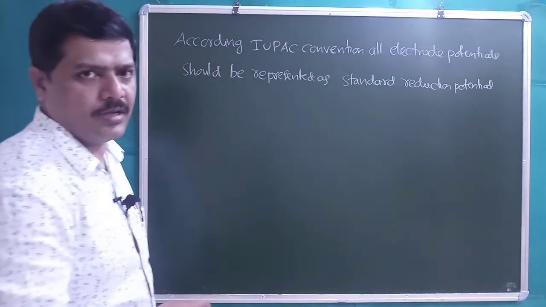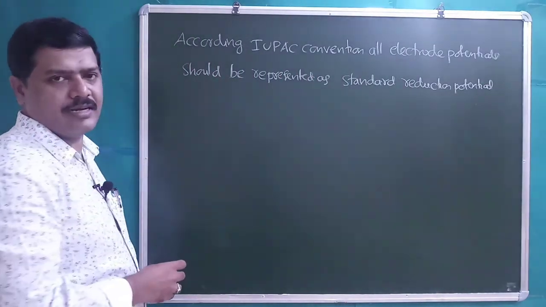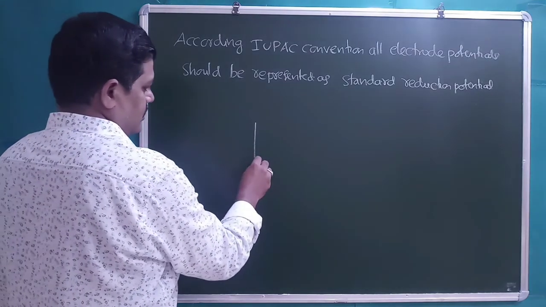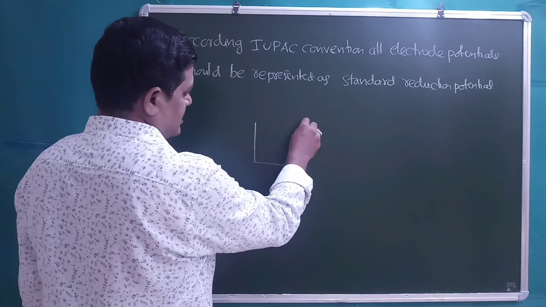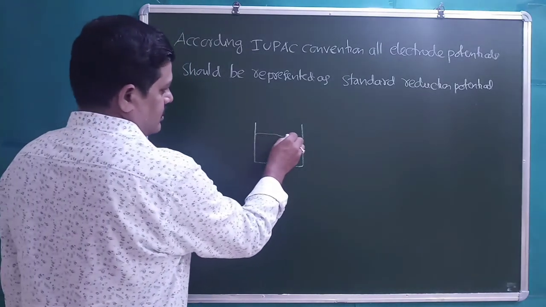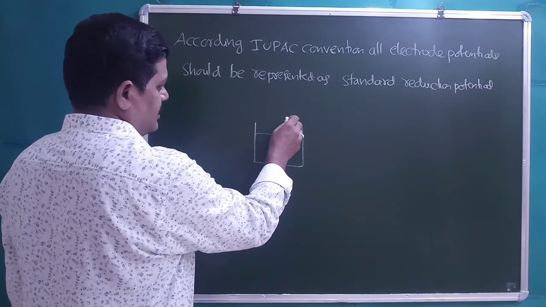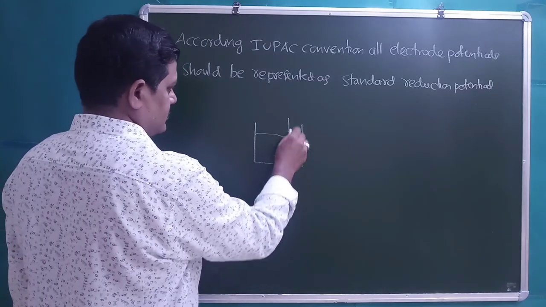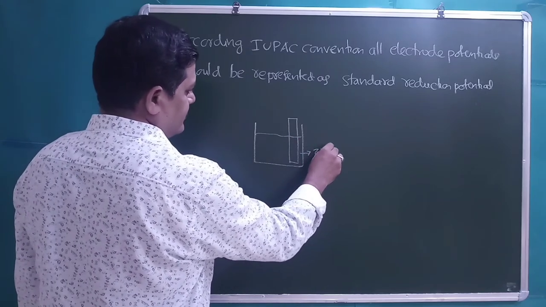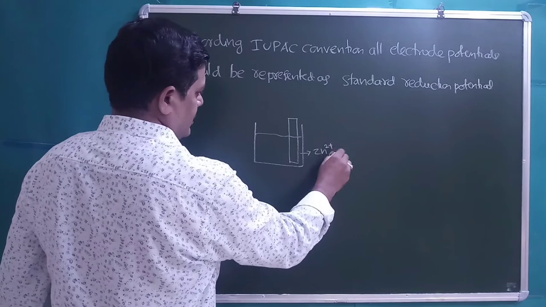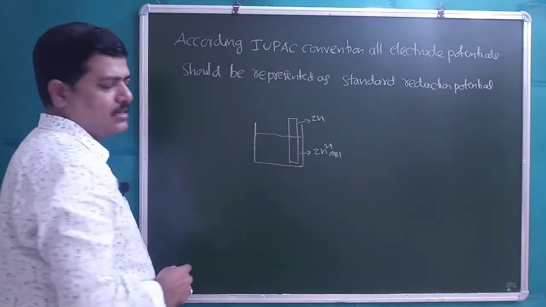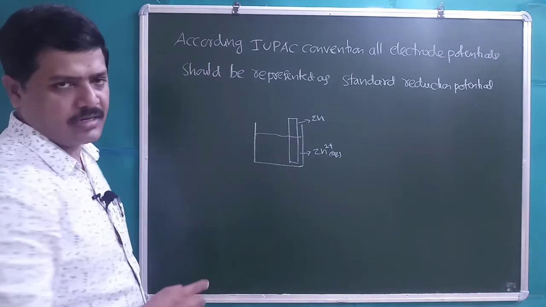For example, if you want to measure the standard reduction potential for the zinc electrode, let us assume that a zinc rod is immersed in the solution which contains Zn2+ ions.